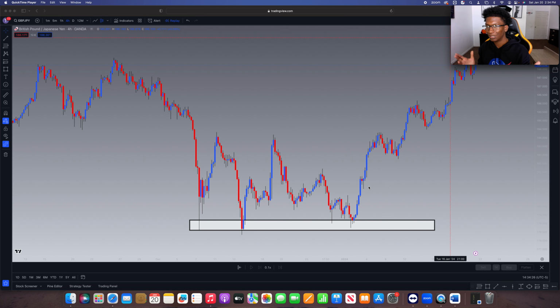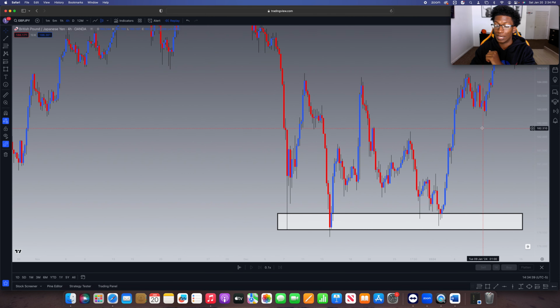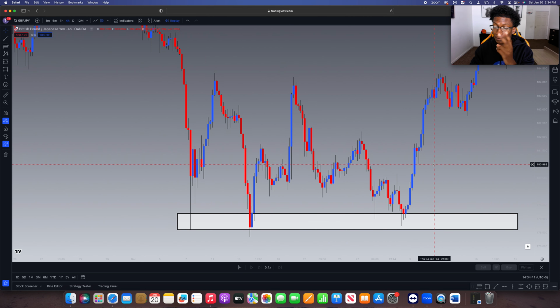Now, the psychology behind that is two things. For one, exhaustion zones are characterized by the candlestick wicks within a candlestick. As you should know, candlesticks contain two parts, the body and the wick.